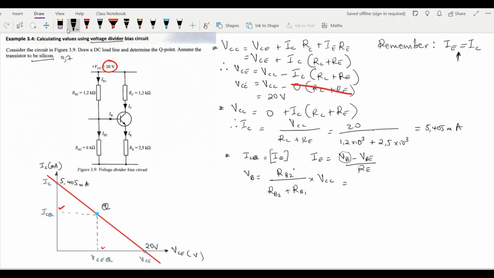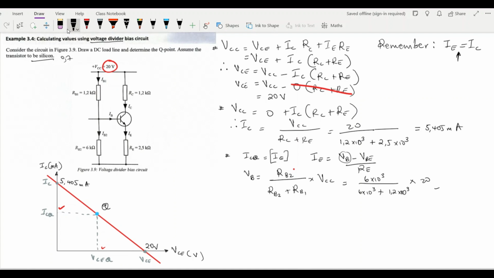Now, we have 1200. Let me just put it as 1.2. VB in this case is 6 exponent 3 over 6 exponent 3 plus 1.2 exponent 3 multiplied by VCC, which is 20.